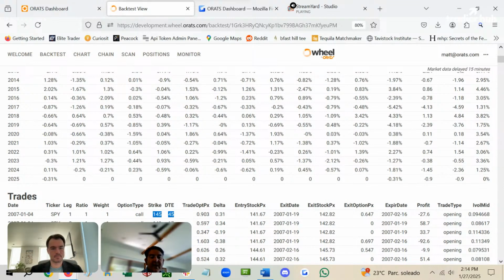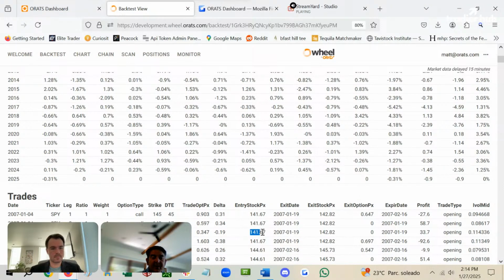So what you get when you do that is you don't pay as much for the calendar since it's farther out of the money. And same thing here on the put. So we're selling a put that's closer to the money.